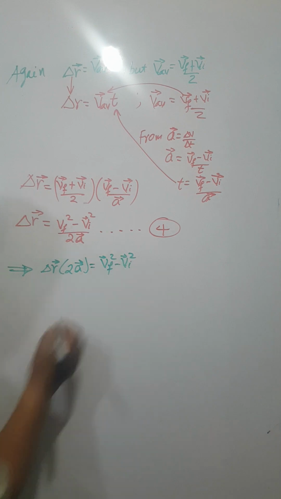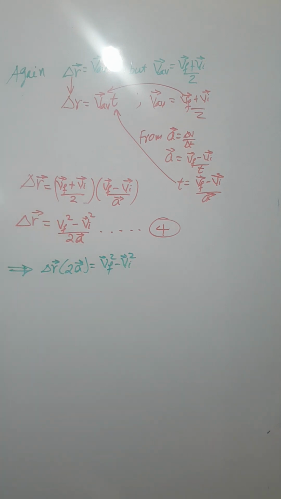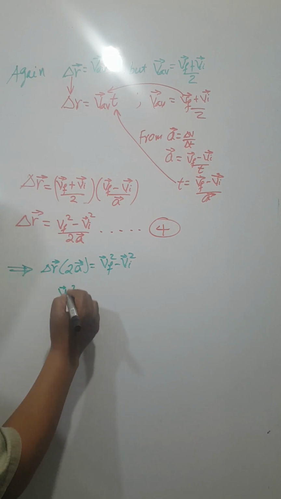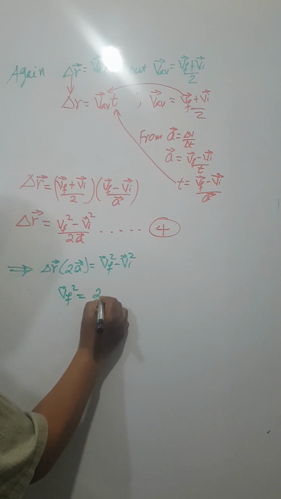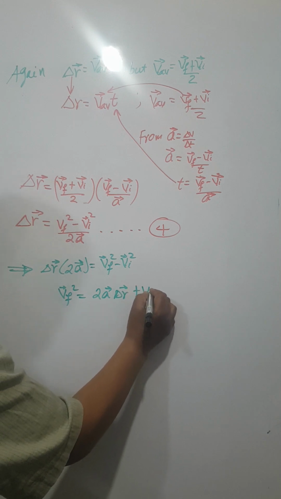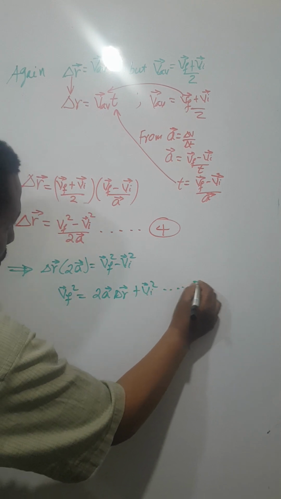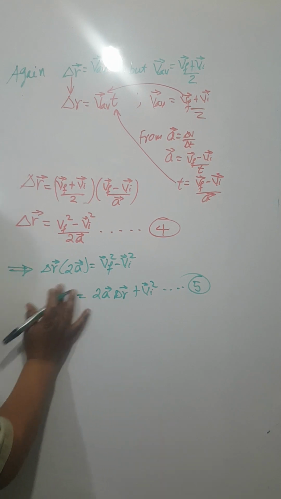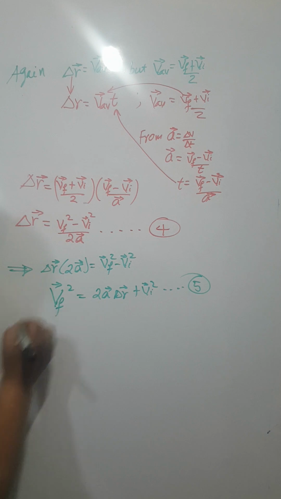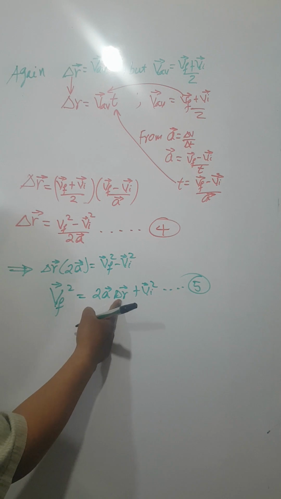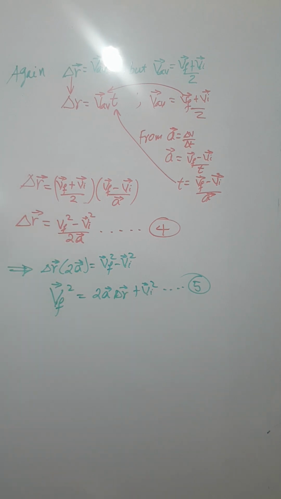From this, VF squared, the velocity squared, is equal to 2A times change in R plus initial velocity squared. This is going to be the fifth fundamental equation: VF squared is equal to 2 times acceleration multiplied by change in displacement plus initial velocity squared.